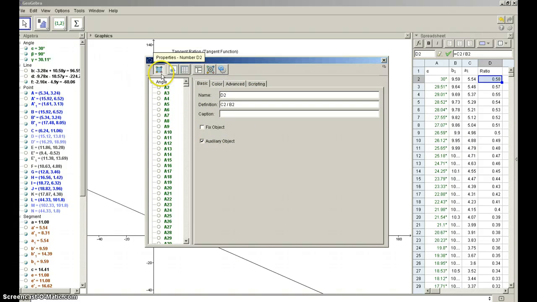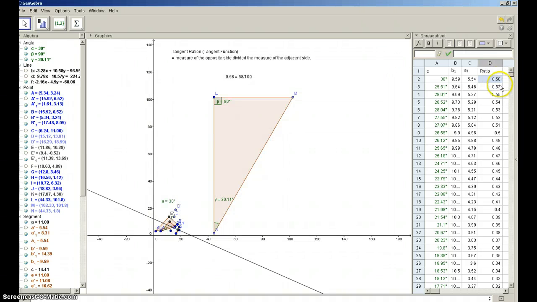No, I don't know. I'm not going to worry about it right now. But basically, that ratio right there is really not 0.58. It might be 0.57913 something, okay? 0.58 is not exactly right.